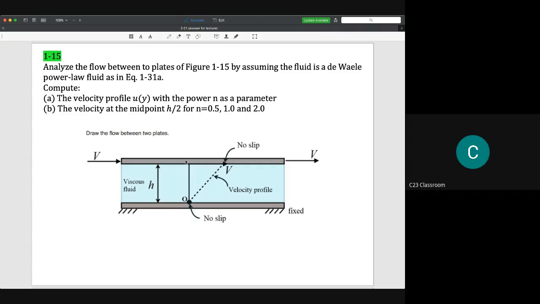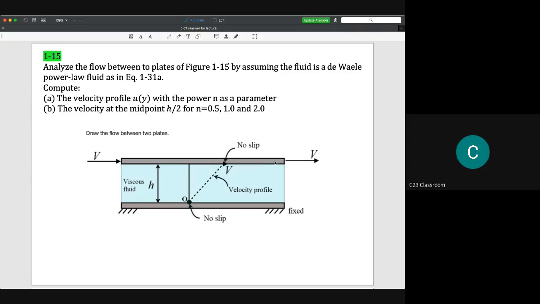So the idea here is actually the liquid sticks very hard on the surface. That's why they call it the no slip condition, which means that the molecule here is not slipping. It sticks very well on the surface.